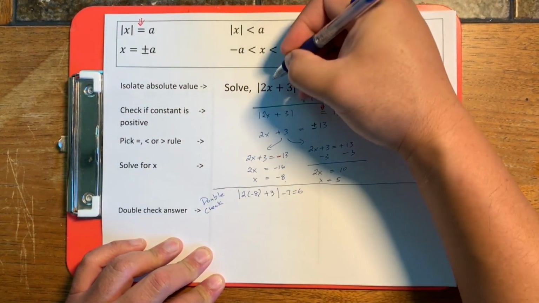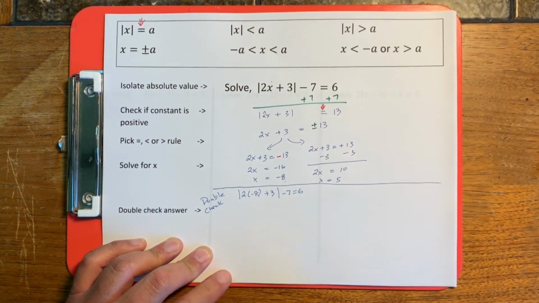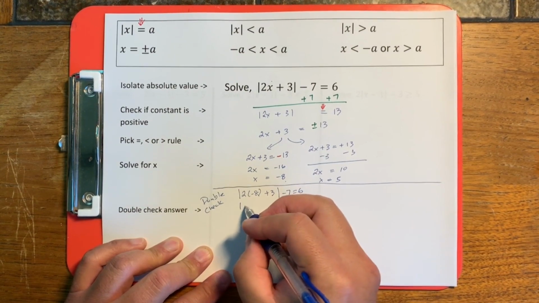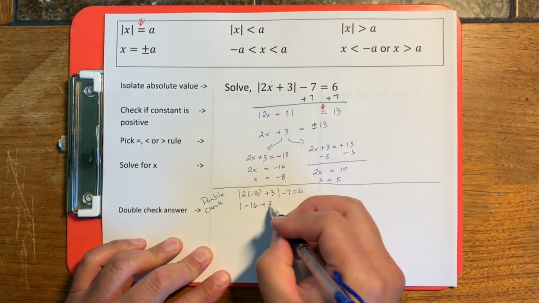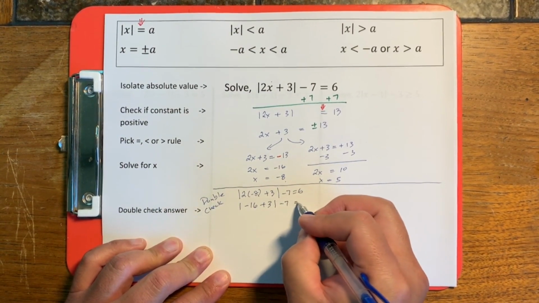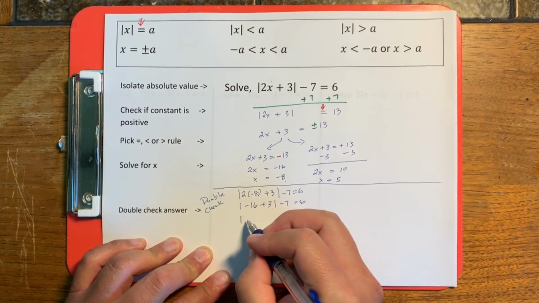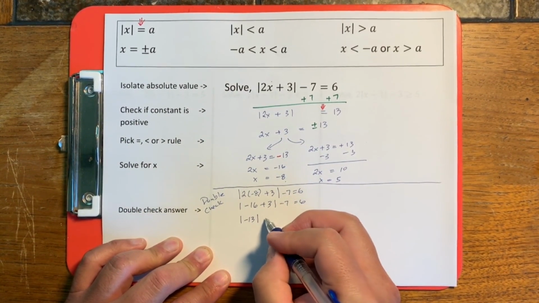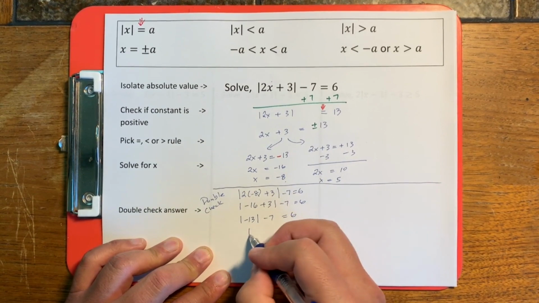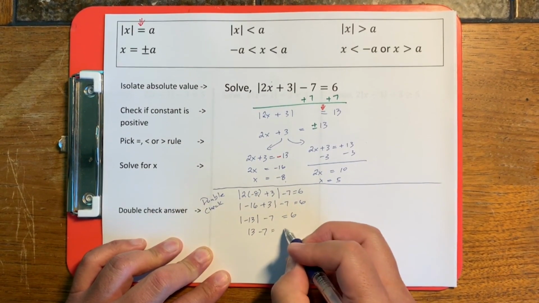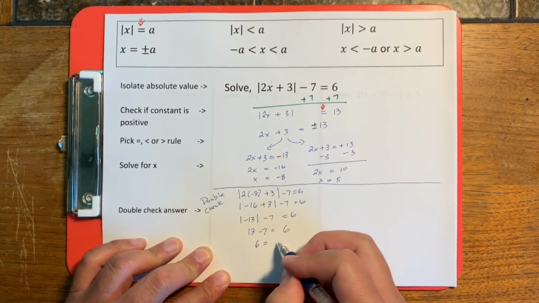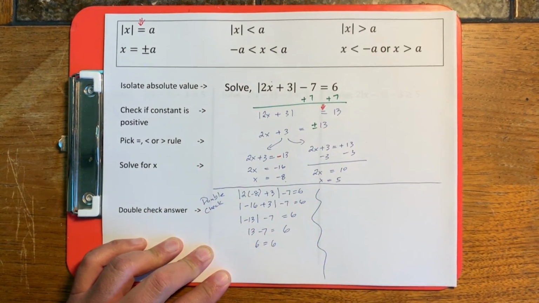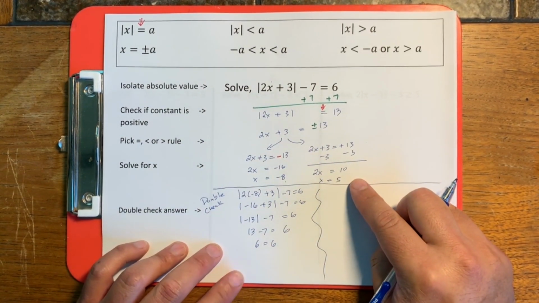So I just plug this into here, and we'll get -16 plus 3 minus 7 is equal to 6. We'll get -13, minus 7 is equal to 6. 13 minus 7 is equal to 6. 6 is equal to 6. Okay, now let's do the same over here.